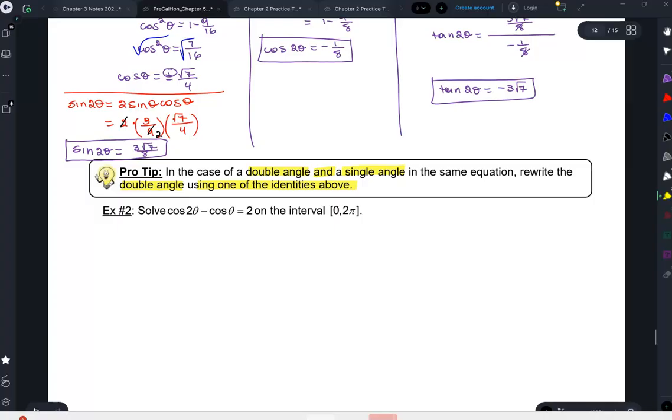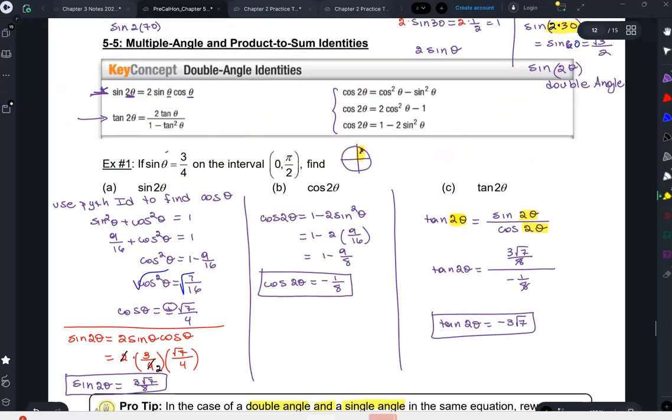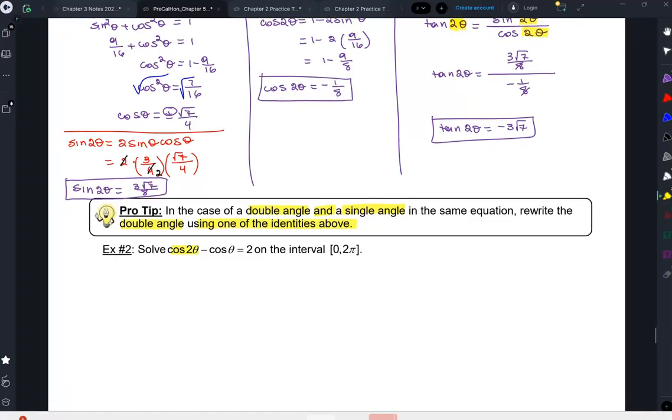You can't solve this the way it is. They all have to be either double thetas or all single thetas. So the best bet is to substitute something from the box above for cosine 2 theta.